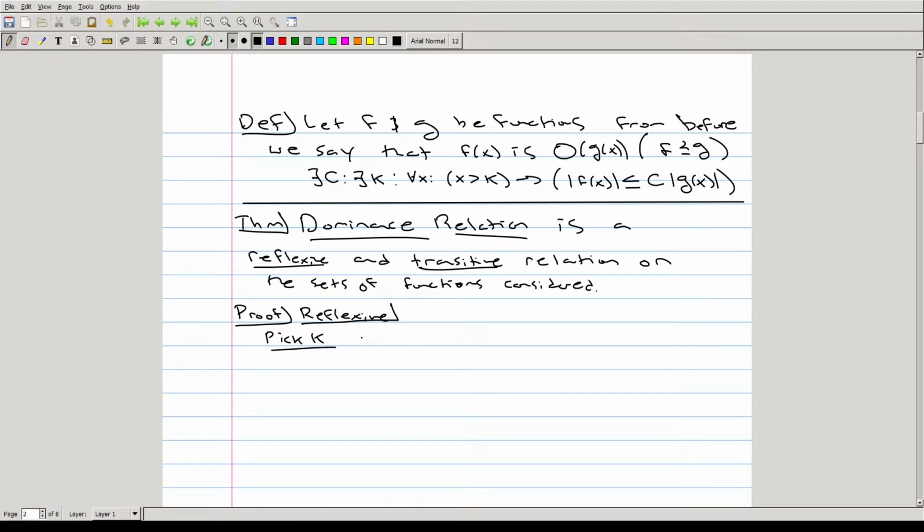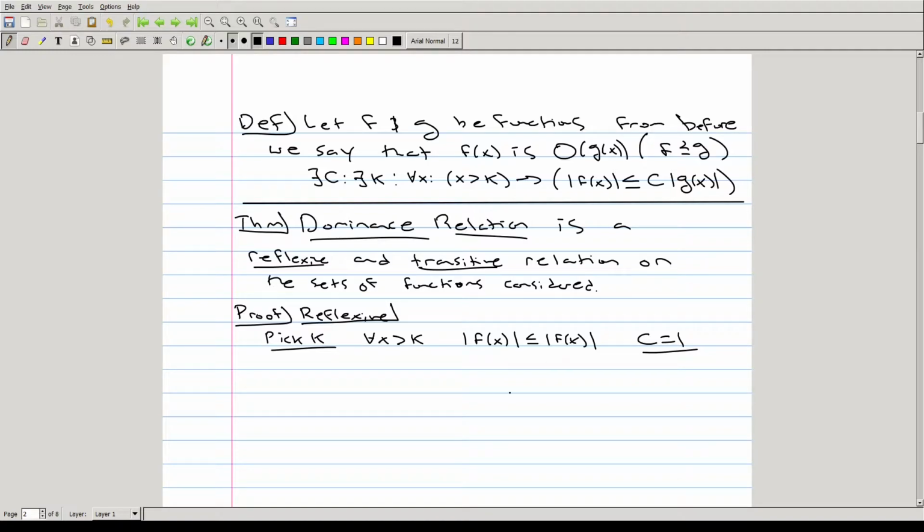And then by definition, for all x greater than k, the absolute value of f of x will always be less than or equal to the absolute value of f of x. So we've chosen c equals 1 and any value of k in the domain of definition for our witnesses to this inequality.